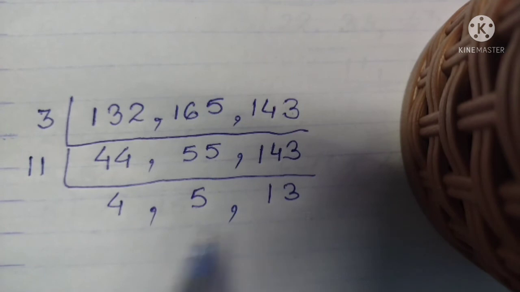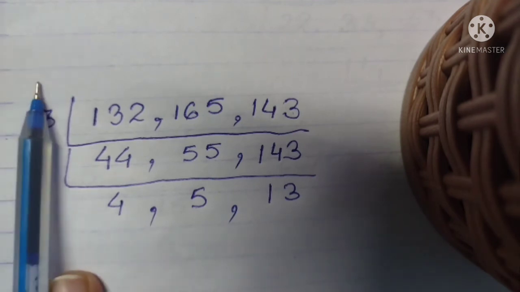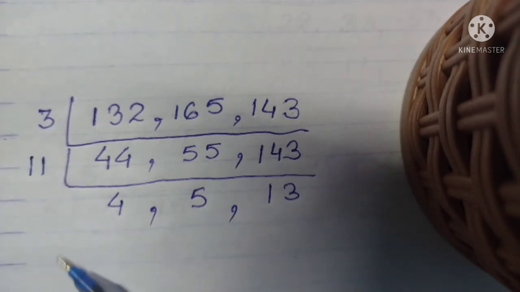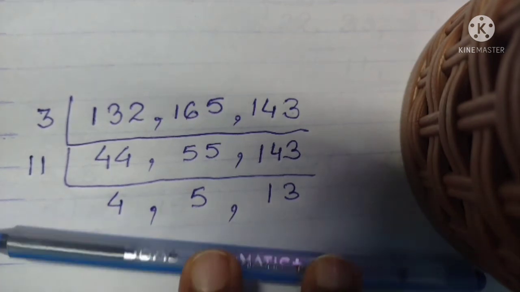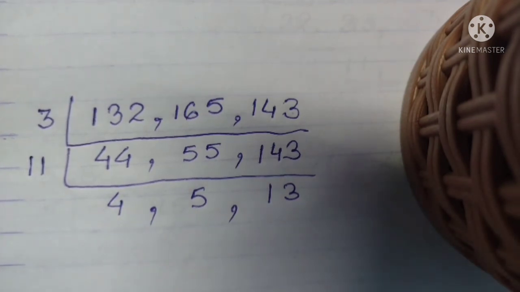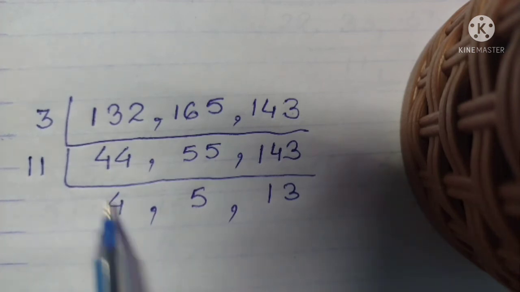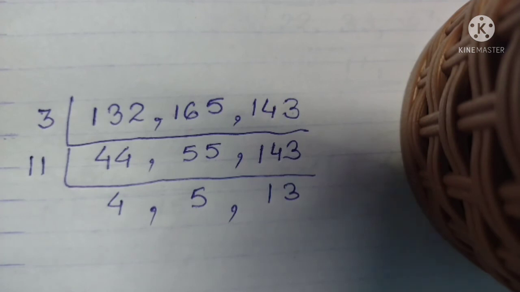Now you just have to multiply the leftmost numbers and the bottommost numbers. So 13 into 5 is 65. 65 into 4 is 260. 260 into 3 is 780, and then 780 into 11 is 8580.